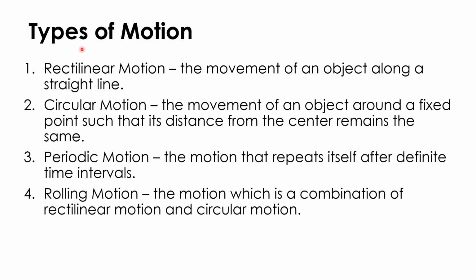We have types of motion. Number 1 is the rectilinear motion, the movement of an object along a straight line. Number 2 is the circular motion, the movement of an object around a fixed point such that its distance from the center remains the same.